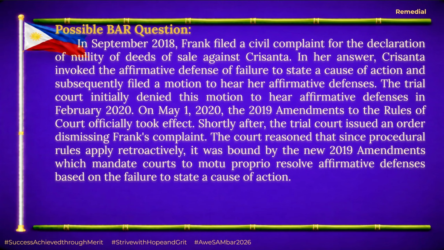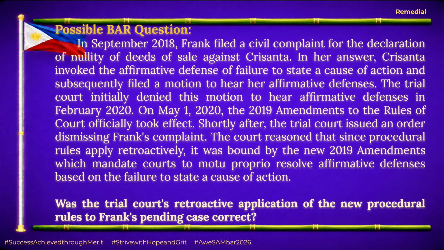The court reasoned that since procedural rules apply retroactively, it was bound by the new 2019 amendments, which mandate courts to motu proprio resolve affirmative defenses based on the failure to state a cause of action. Question: was the trial court's retroactive application of the new procedural rules to Frank's pending case correct?